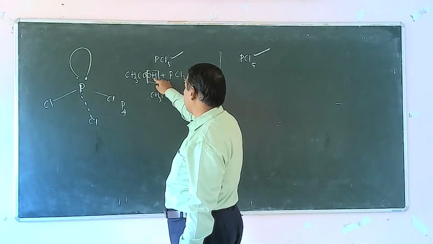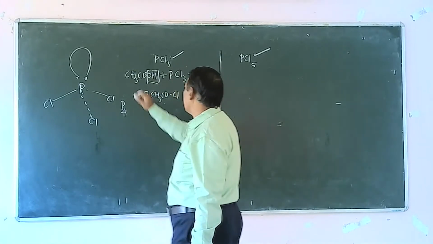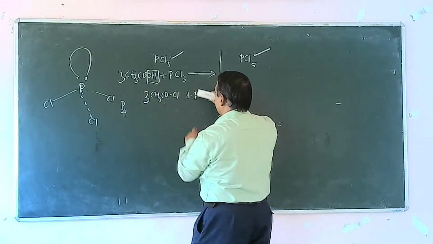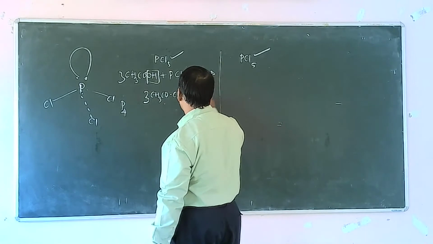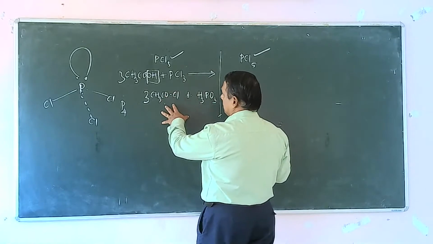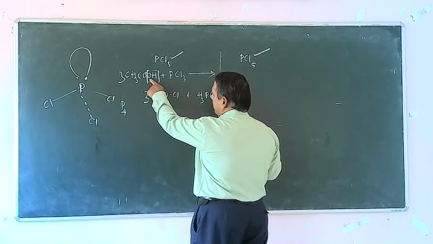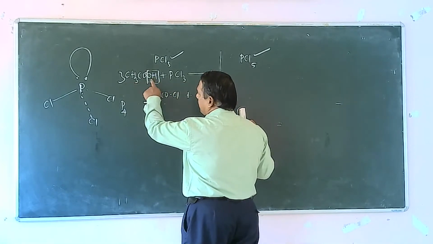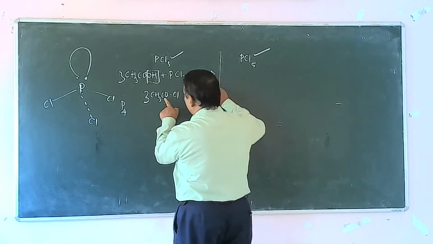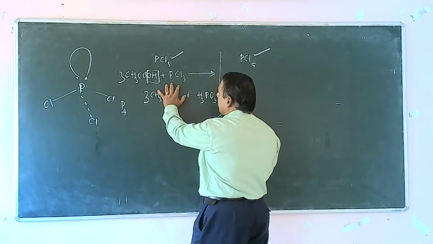How many H atoms are there? One. So therefore it is 3 times. That also it is 3 times, 3 CH3COOH. So we will get H3PO3. Are you clear? Listen here. See, 3 hydroxyl groups are replaced here. 3 CH3COOH, acetic acid, when it reacts with phosphorus trichloride, the main compound we got is acetyl chloride.